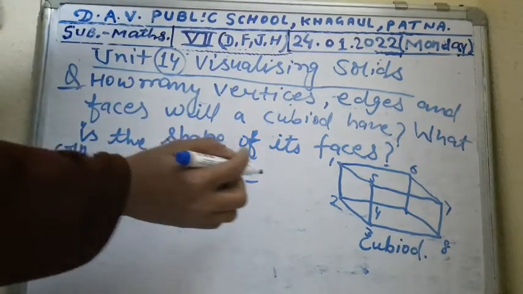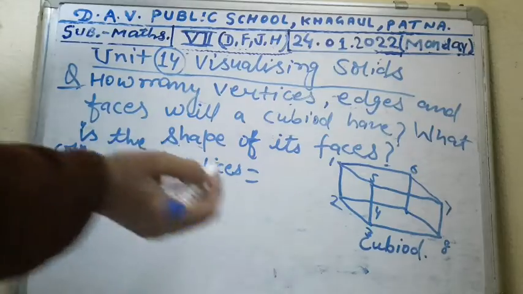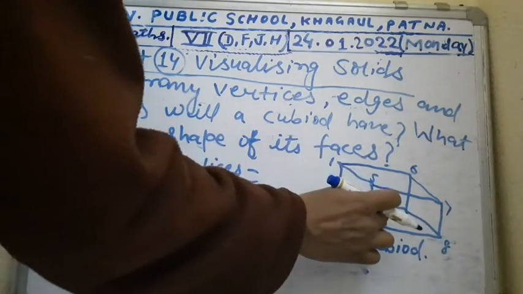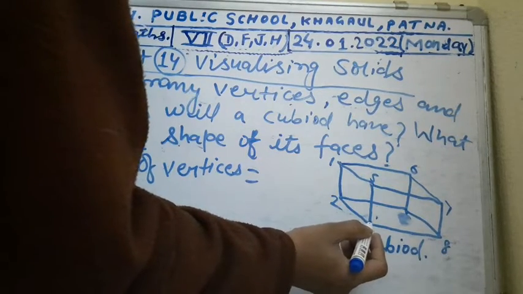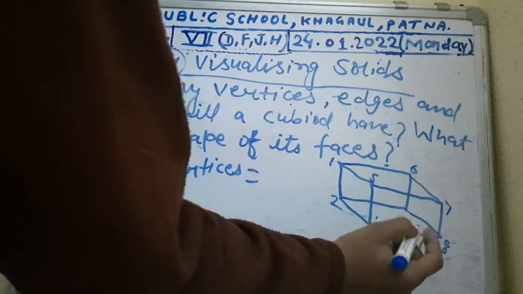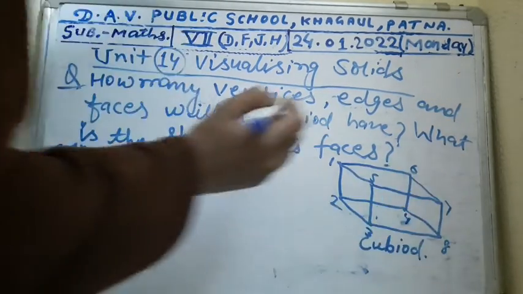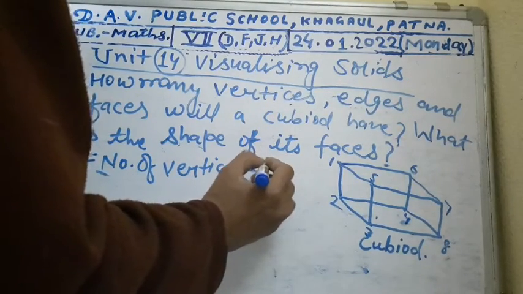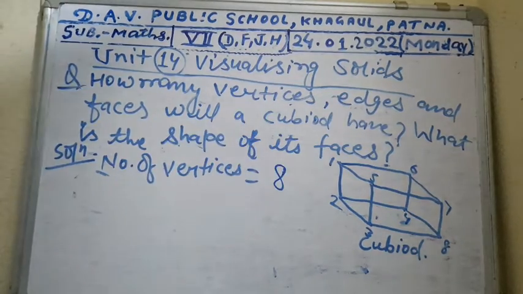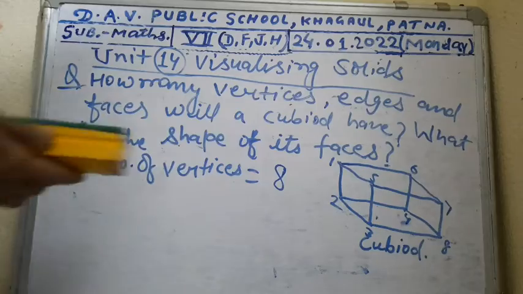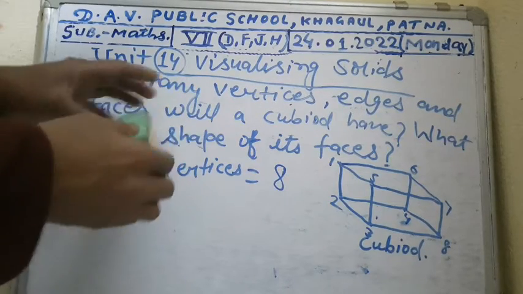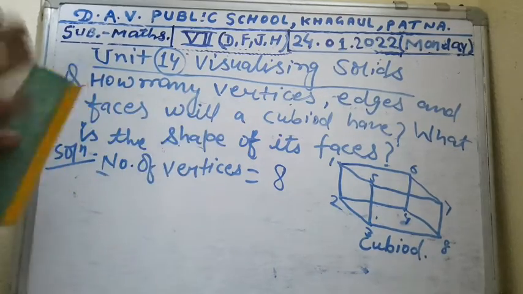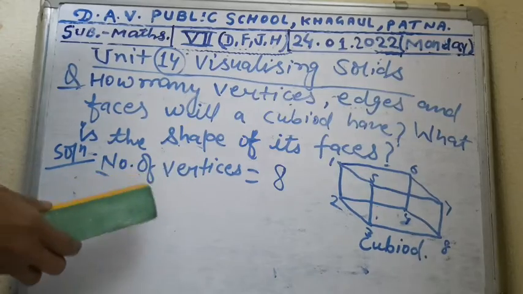Number of vertices is 8. So the number of vertices of a cuboid is 8. You can count on other cuboid objects. This is the duster: number of vertices 1, 2, 3, 4, 5, 6, 7, 8. So this is the appropriate example to count the number of vertices of a cuboid.